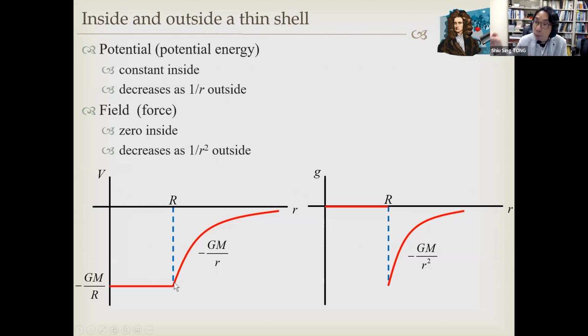But if you integrate further inward, because the field is 0, you do not get any extra contribution. And so the potential inside the shell is constant. It's the same everywhere inside the shell. So you have this horizontal line, which means that the gravitational potential takes the same value at every point inside the shell. So here are the distributions.